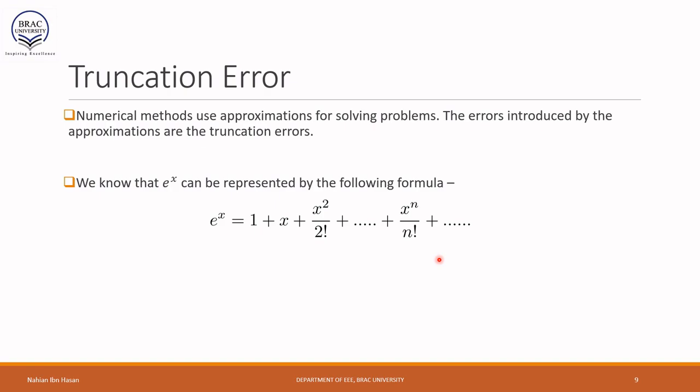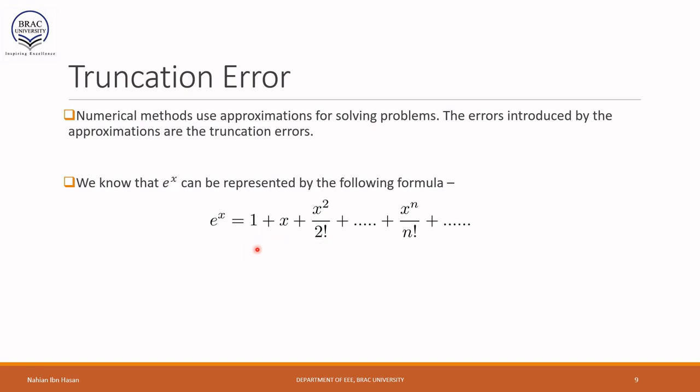So how does the computer use the e to the power x term? The computer truncates the series after some number of steps. For example, if I want to use the first two terms, 1 plus x, the remainder of the terms would be discarded, and that's where the truncation error comes.